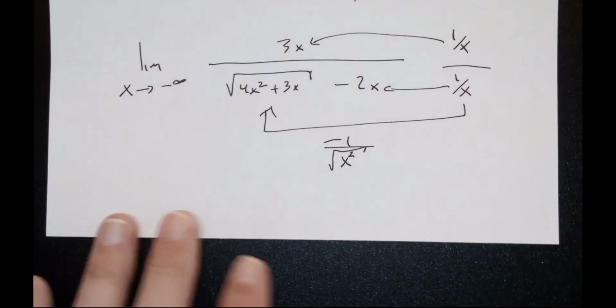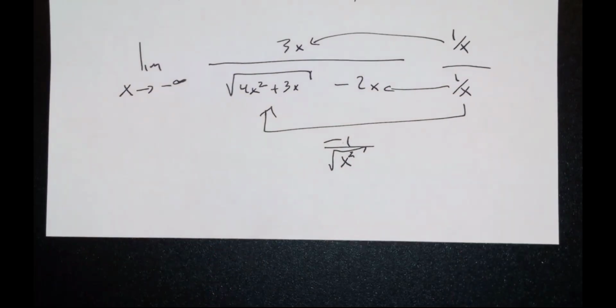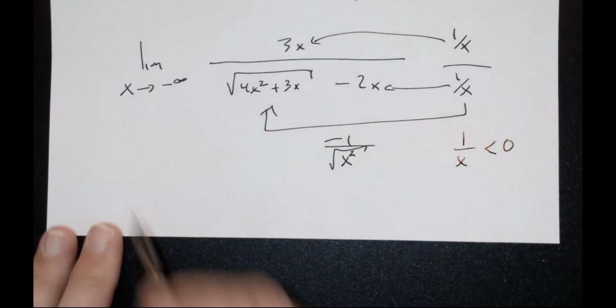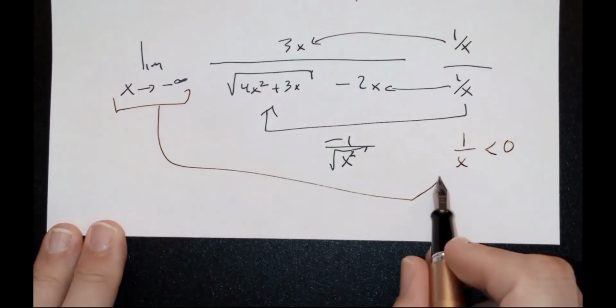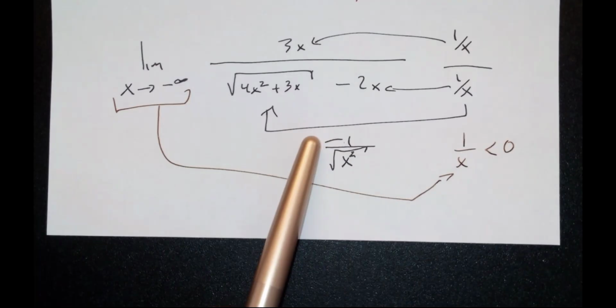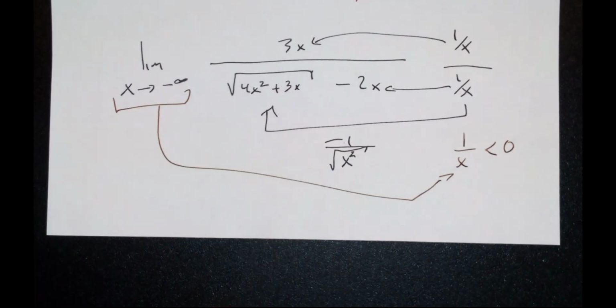This is a negative number, right? 1 over x itself is less than 0 because x is going to minus infinity. Negative 4 minus 0x. Well, the negative is outside the square root. That's why I put it here. More questions?